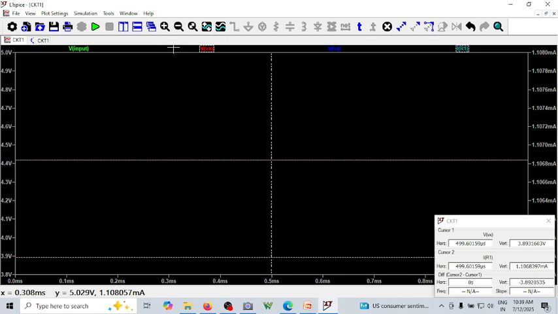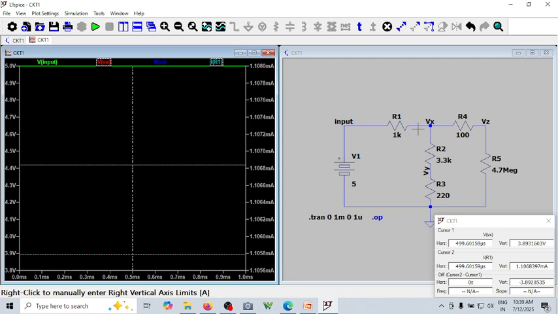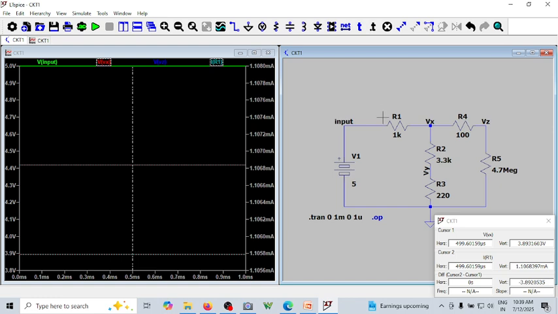Of course, if you want to see simultaneously, you can just do this so that you know this is Vx, the voltage at this point with respect to ground, and this is the current flowing through this. We can also see the current. If you go into the component, a probe will come. This is the current entering the node R1 from left to right.